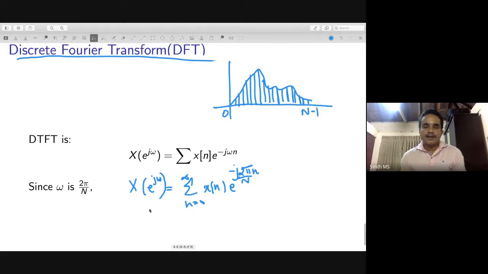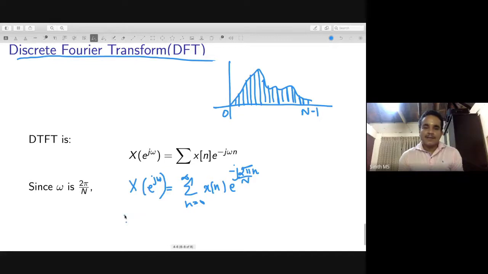Then what you are going to get is, this X(e^{jω}) is periodic, then this periodic signal becomes discrete and periodic. Remember, the discrete time Fourier transform is continuous as well as periodic. So the discrete Fourier transform is periodic as well as discrete.